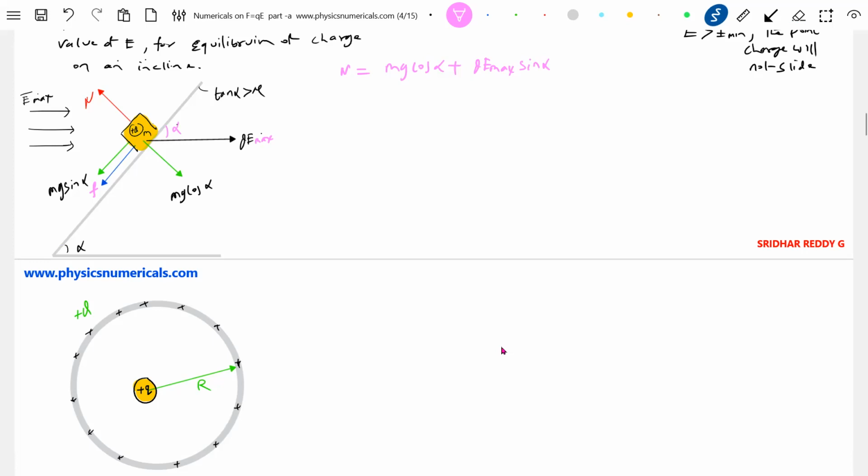Now along the incline, mg sin alpha plus f minus qE max cos alpha equal to 0.